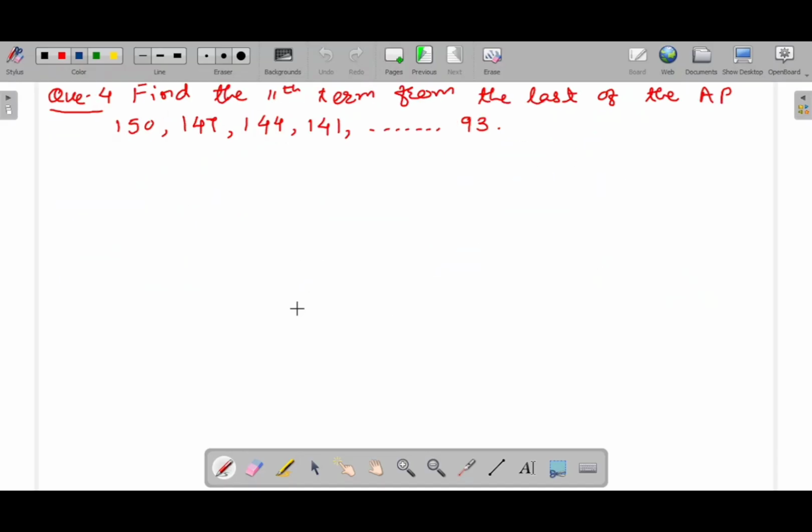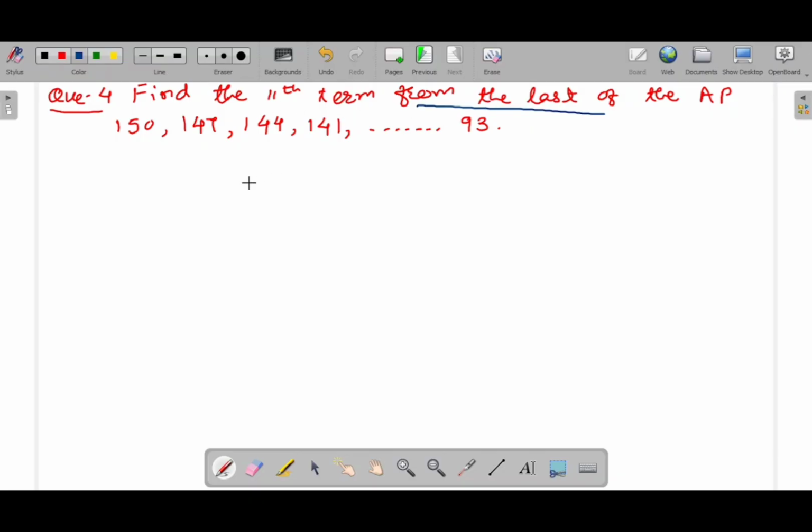Okay. Here question 4 is: find the 11th term from the last. Remember this, it is not the 11th term, it is the 11th term from the last of this AP.